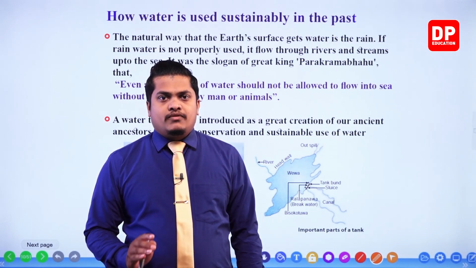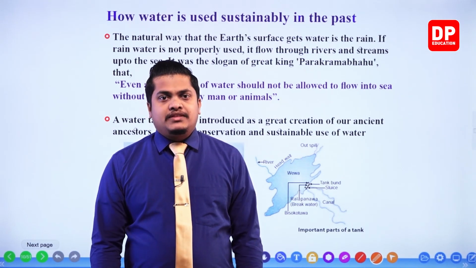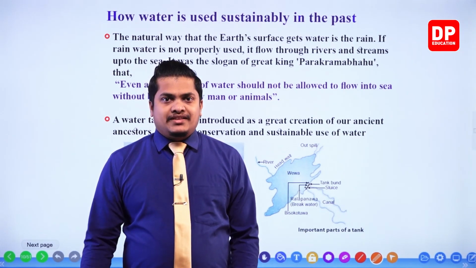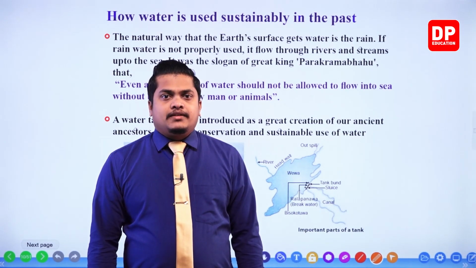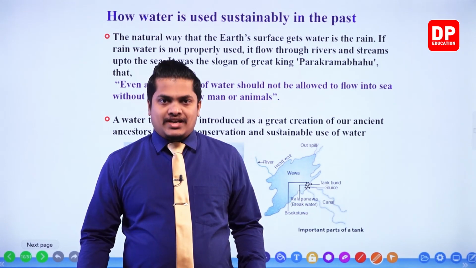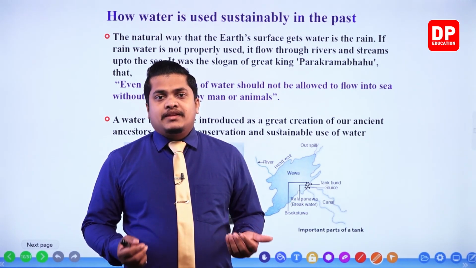Definitely that rainwater will flow through rivers and all the other streams, and finally they will end up meeting the sea. That means the total rainwater is getting wasted. Wasted means we are not going to utilize those things. So that's a terrible case.